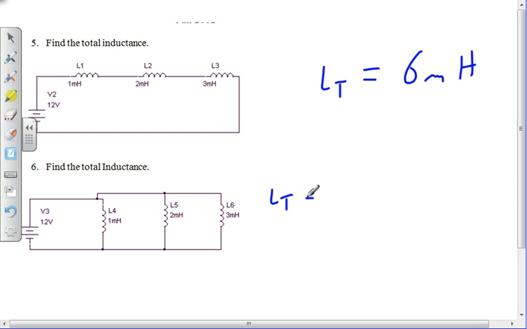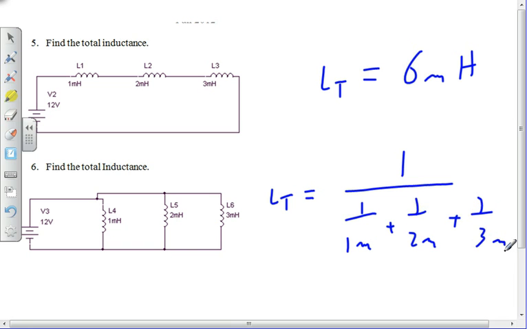In parallel, inductance total is 1 over 1 milli plus 1 over 2 milli plus 1 over 3 milli, so some number less than 1 milli. 1 plus a half plus a third, 1 over that, equals 550 microhenry.